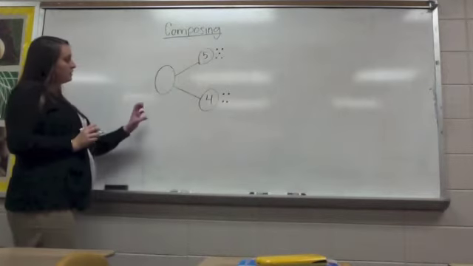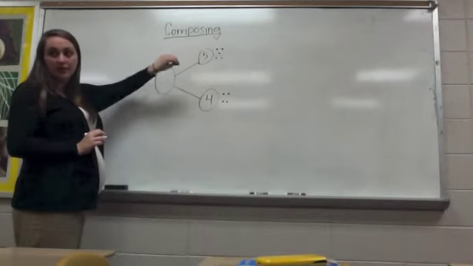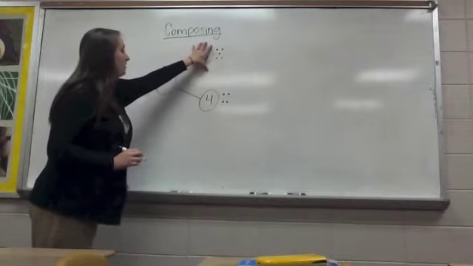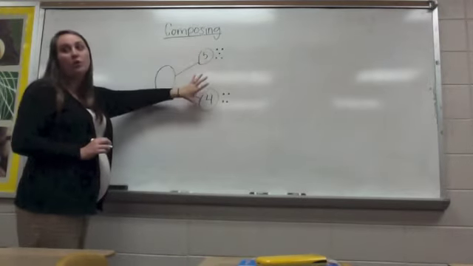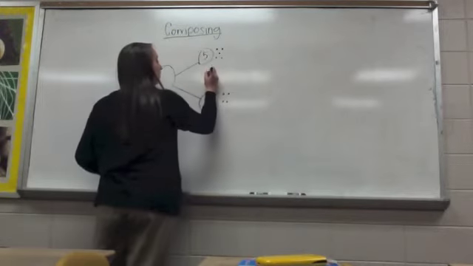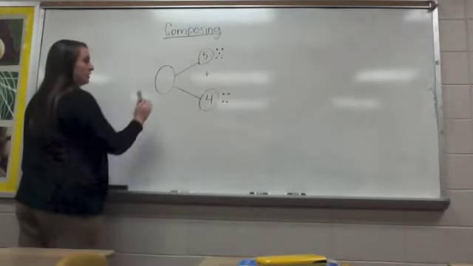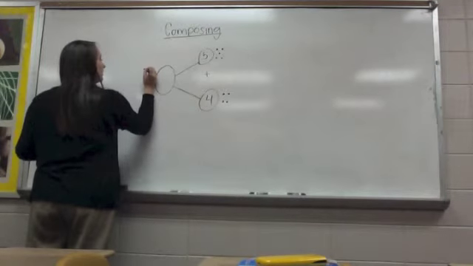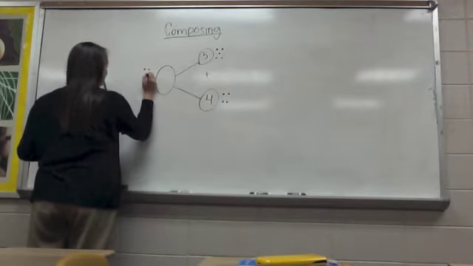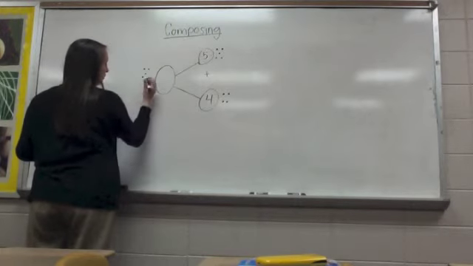So what do we do here? We're composing it, right? We need to know what 5 and 4 is. You have 5 up here and you want more. So you say plus, right? So you need to take these 5 over to this side, and then bring these 4 over to it.